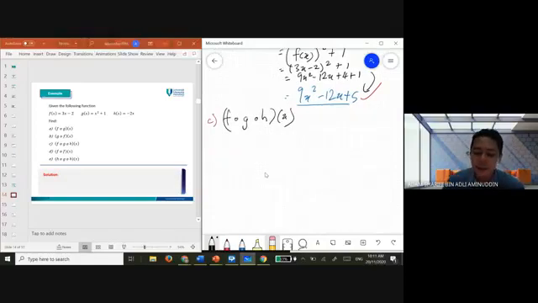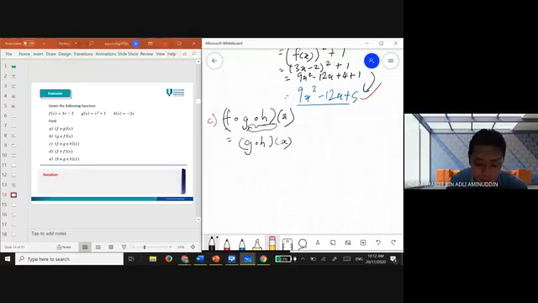First of all, if we want to represent this, it means the whole G composite H becomes the input for F. And for the case of GH, the H becomes the input of G. So, saya akan buat satu-satu dulu. It means I would try to solve what is GH first.